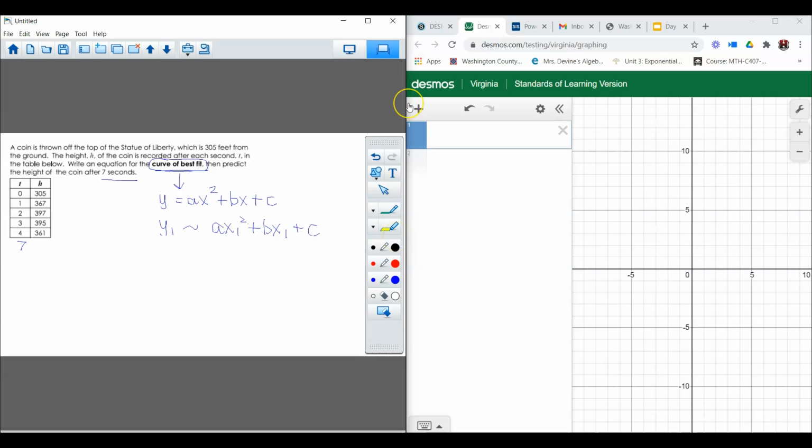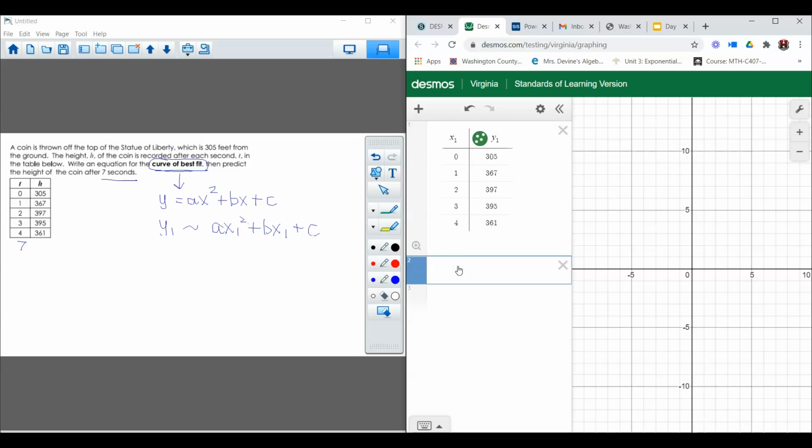All right, so let's come over here and do this. We'll hit our plus sign in our table, and we'll enter our numbers. So we have 0, 1, 2, 3, and 4. Then we have 305, 367, 397, 395, and 361.